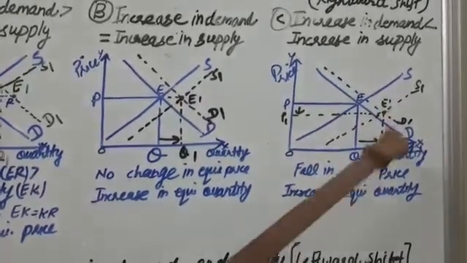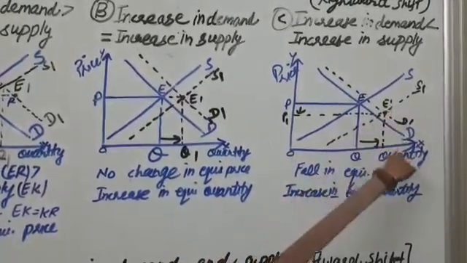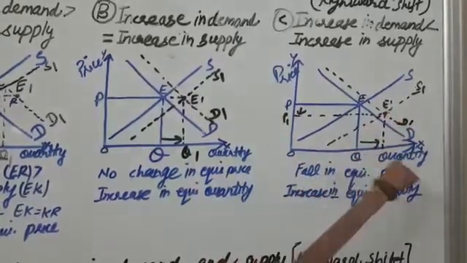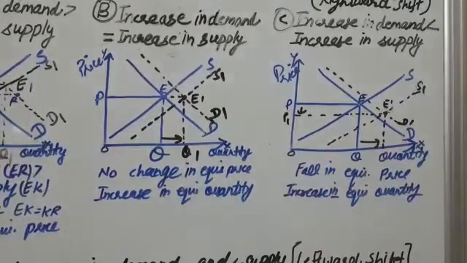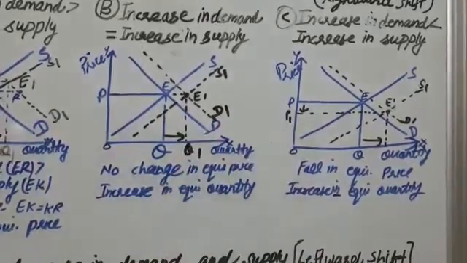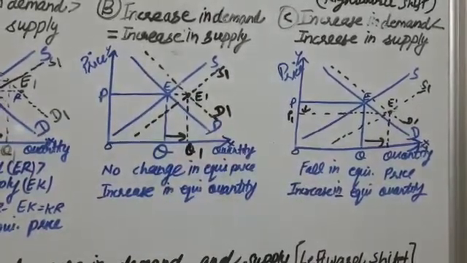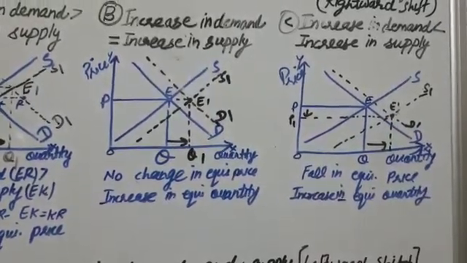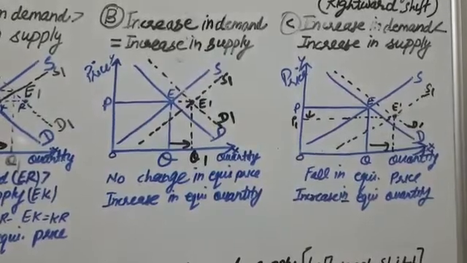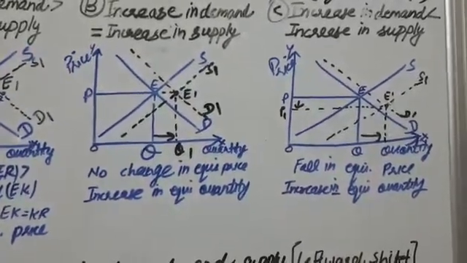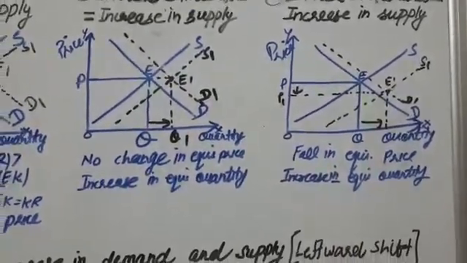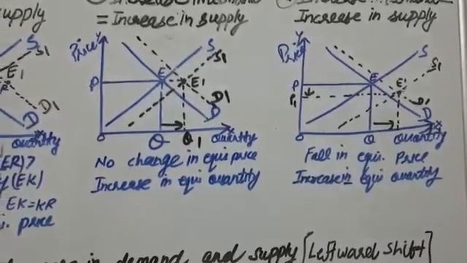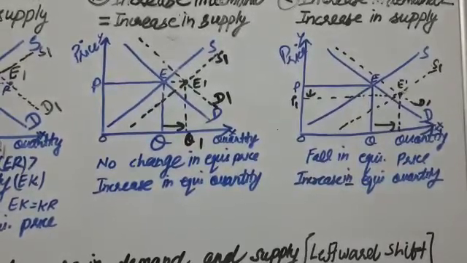So new equilibrium point is E1 and at this equilibrium, no doubt there is increase in equilibrium quantity, but there is fall in equilibrium price, and new equilibrium price is P1. So it is clear, when there is simultaneous increase in both demand and supply, equilibrium quantity always increases, and equilibrium price depends upon the situation. May increase, may not change, may decrease.